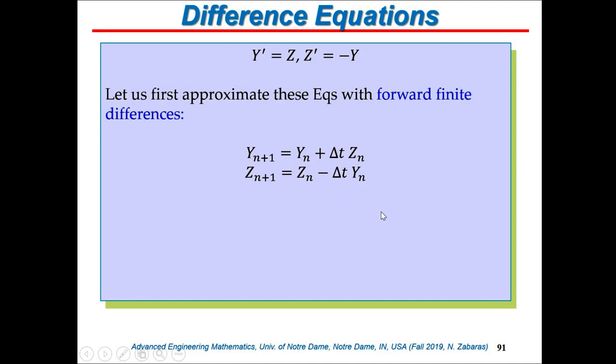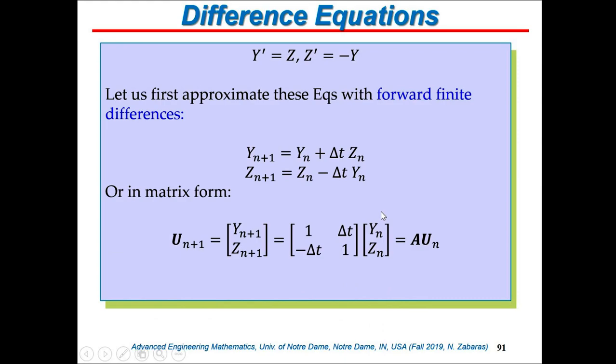So I am ready to write this in matrix form. If you remember, we introduced this vector u that includes both y and z. In matrix form, un plus 1 is A times un. So effectively, you start from some displacement and velocity at time 0, and you multiply with the matrix A, and you compute some new displacements and velocities, and then you come back and keep doing this until the time of interest.